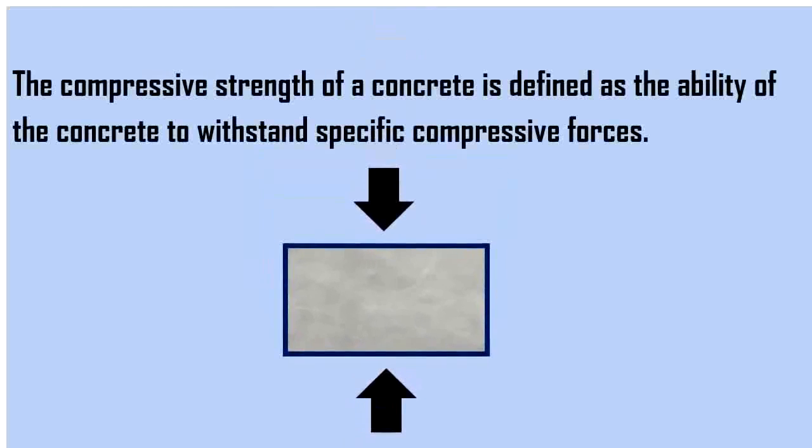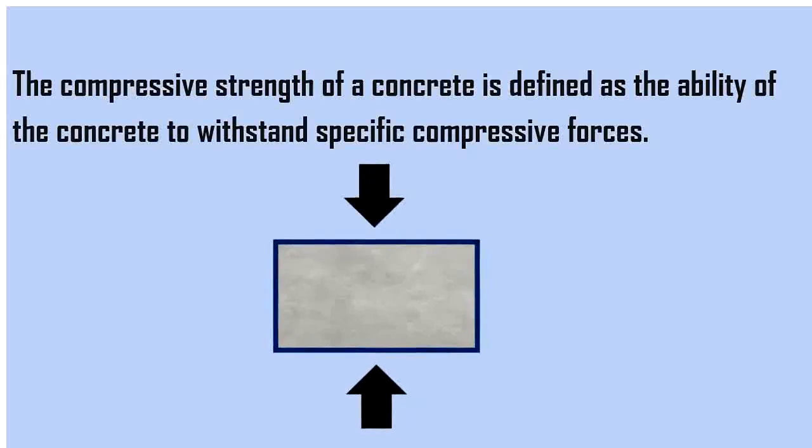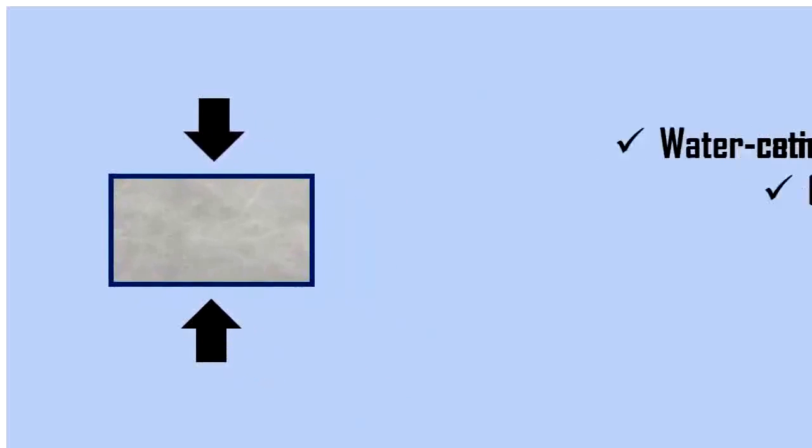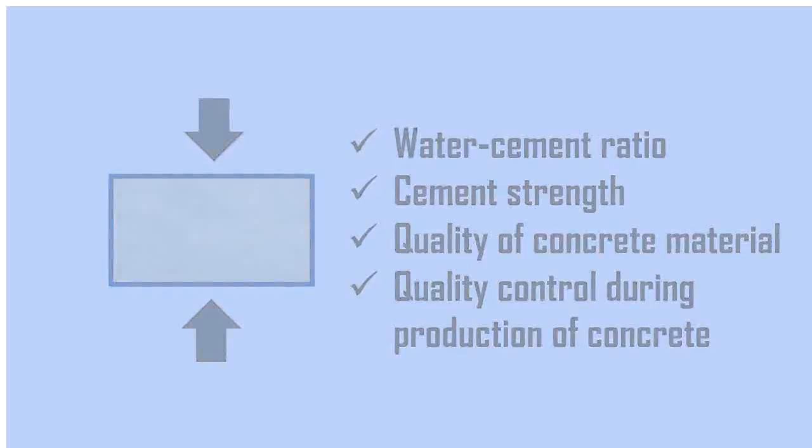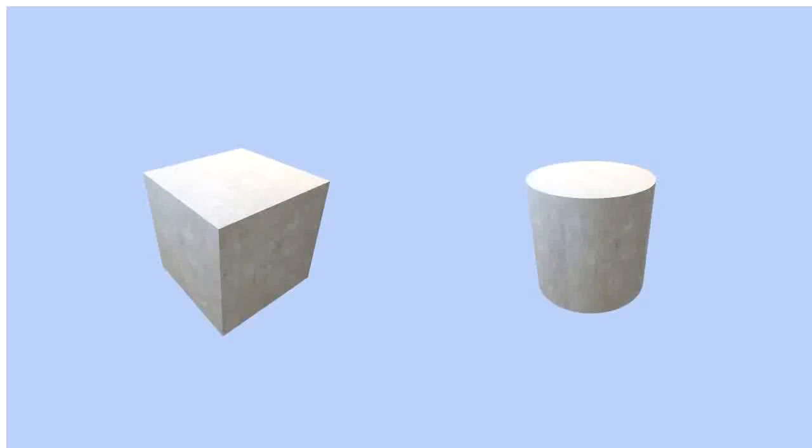Compressive strength of concrete is defined as the ability of concrete to withstand specific compressive forces. The compressive strength of concrete varies on various factors such as water-cement ratio, cement strength, quality of concrete material, quality control during production of concrete, etc. The general sizes of the specimens are of two types.